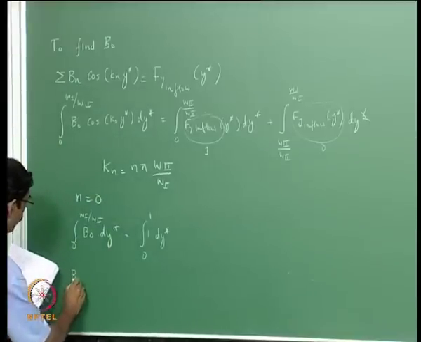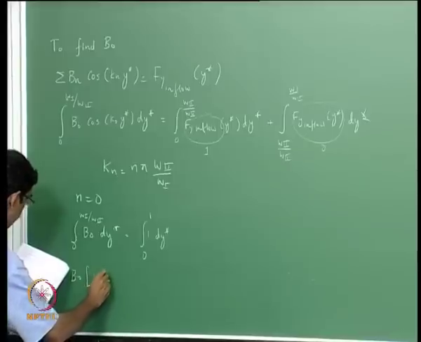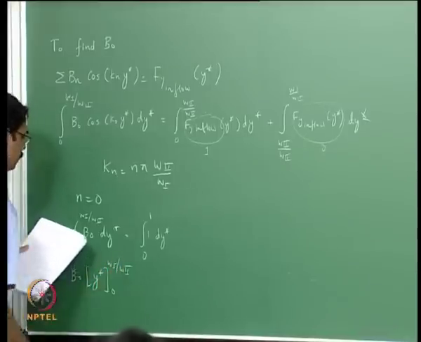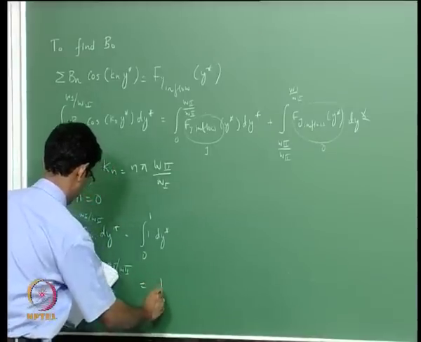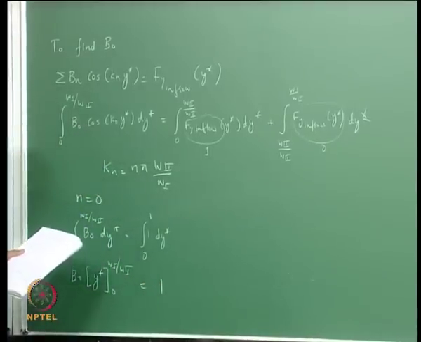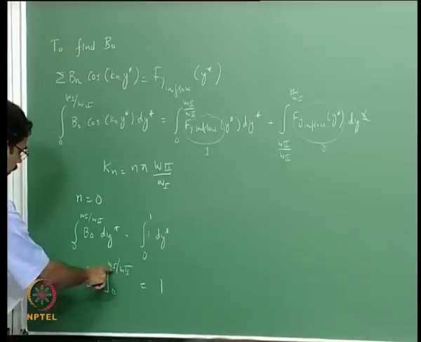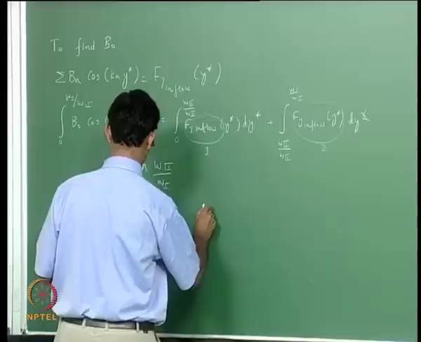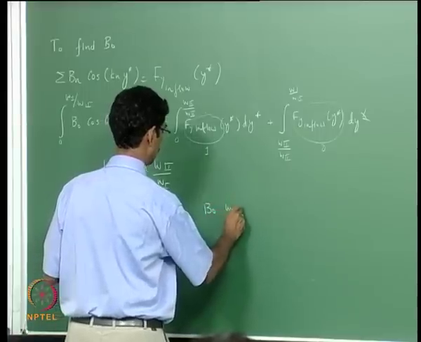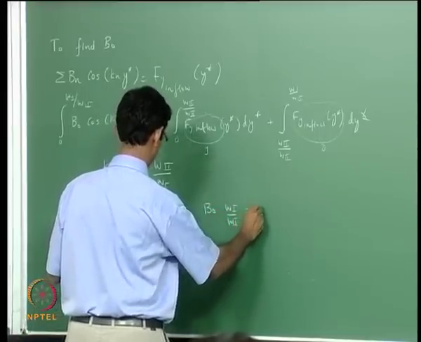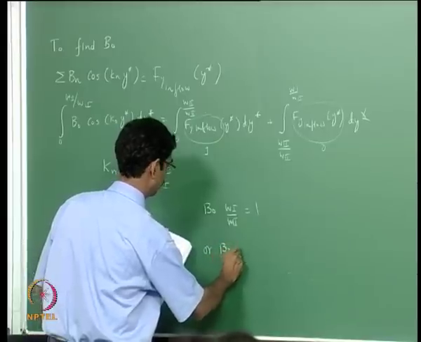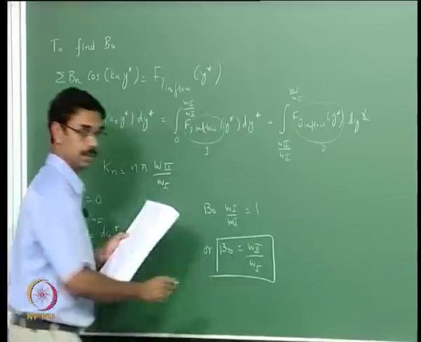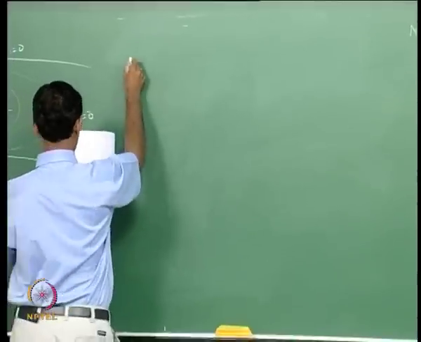So B naught y star from 0 to W1 over W2 equals 1. The upper limit is W1 over W2, lower limit is 0. So you will get B naught W1 over W2 equal to 1, or B naught equal to W2 over W1.